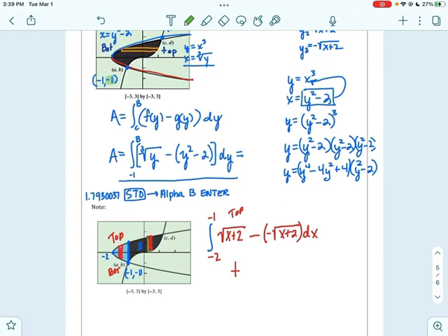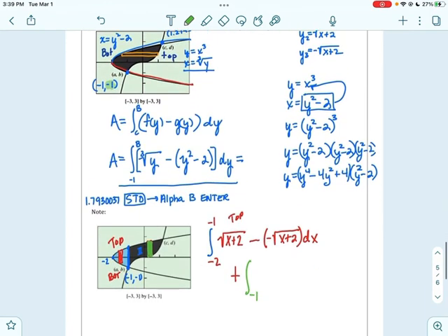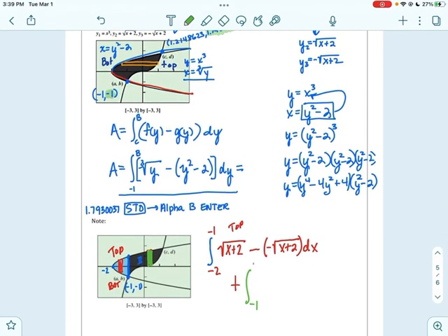So then we would have the integral from -1 to, now remember, the x values. We had that point at -1, -1. The x value is 1.2148. I'm going to cut it off at 1.2148623. And then the top function is going to be the square root of x plus 2.